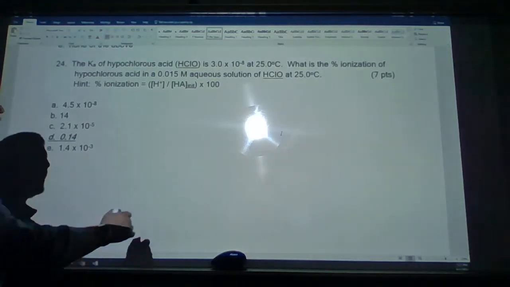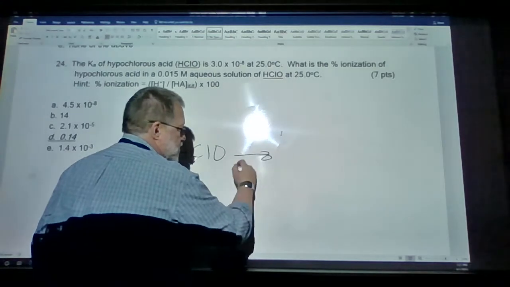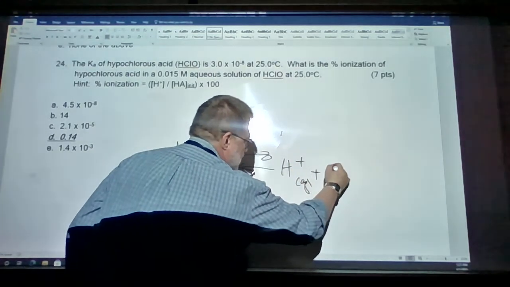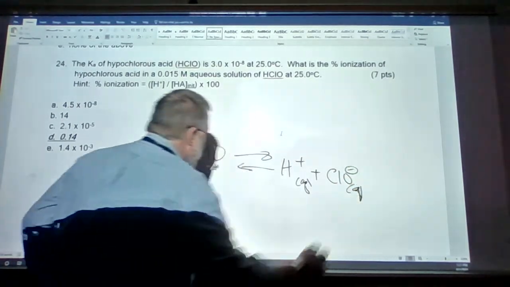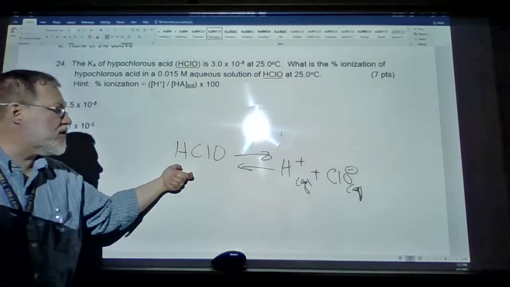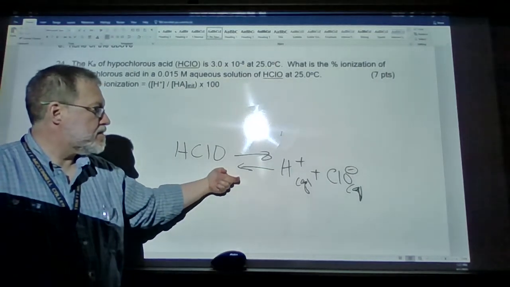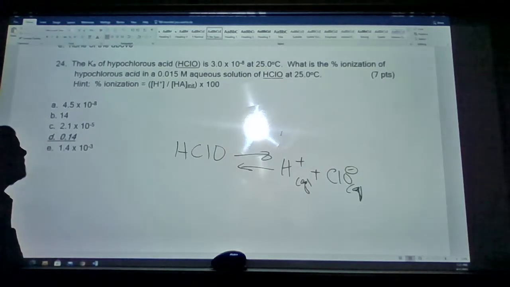Well, let's write out the reaction. Here we have hypochlorous acid ionizing to give you the H plus and the ClO minus.